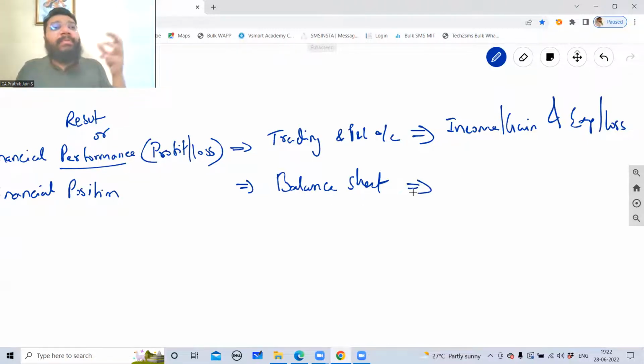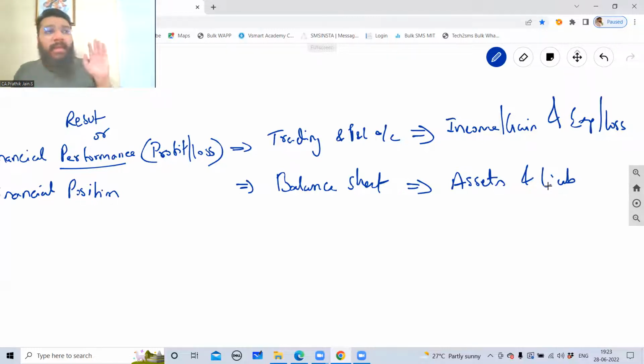In balance sheet, we capture all the accounts which are in the nature of assets and liabilities. Under liabilities you have capital also, because under liability you have internal liability and external liability. So internal liability means obviously capital.